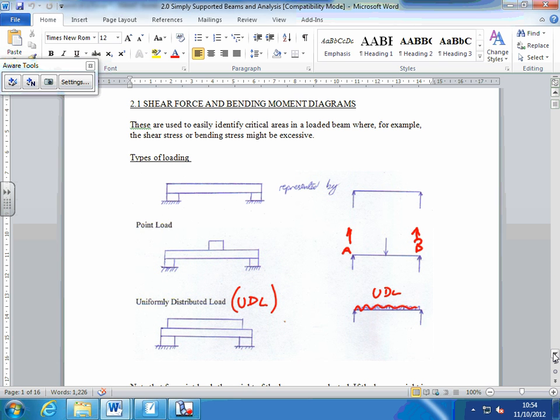So what we tend to do is to work out the resultant of this downward force by assuming all the mass is acting in the centre of the UDL, and then that's treated as a point load at that point, a bit like this second diagram here. Okay, so that's the way we draw these things.